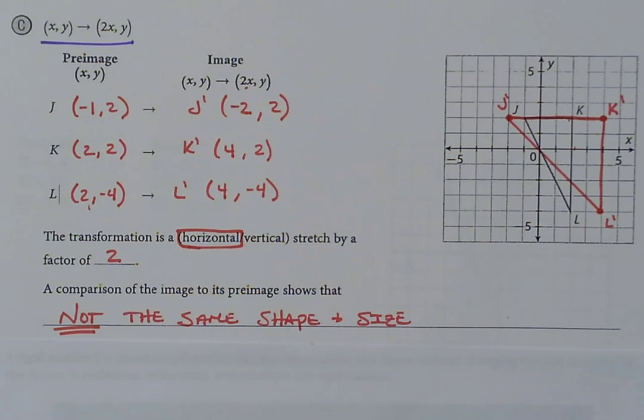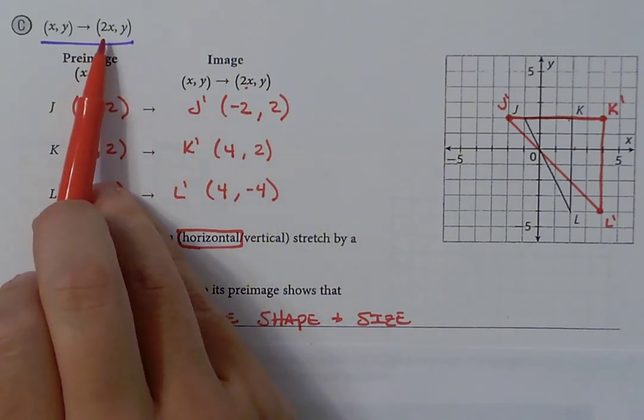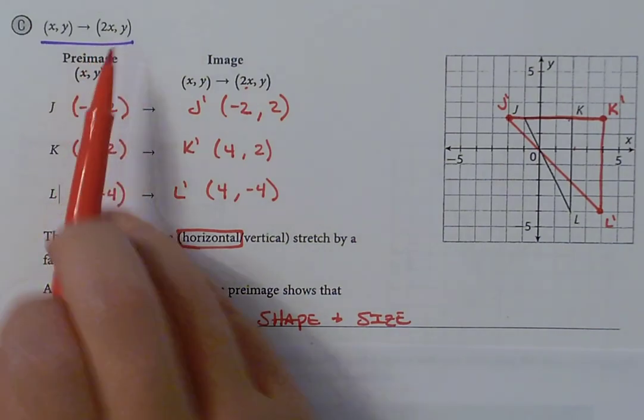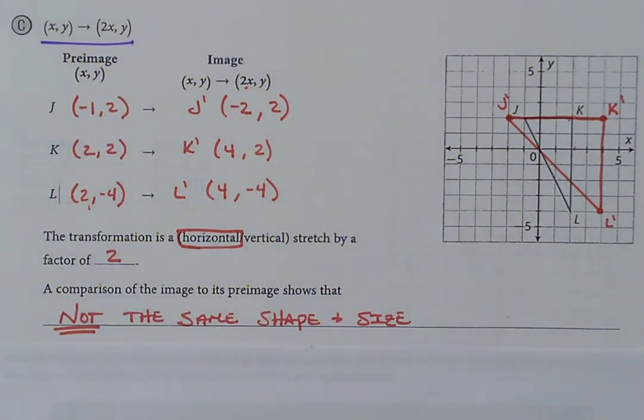When you attach a negative, so you're changing the sign, it maintains shape and size. But the case where it's not going to maintain shape and size is when you multiply or divide a number to x or y. So something to keep in mind: it does not maintain shape or size when you multiply or divide.